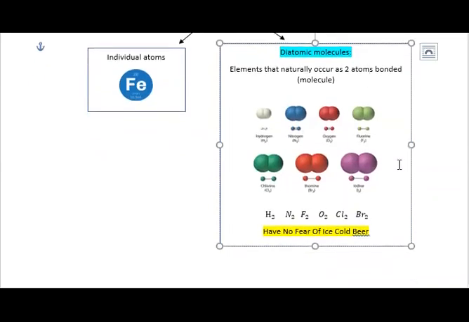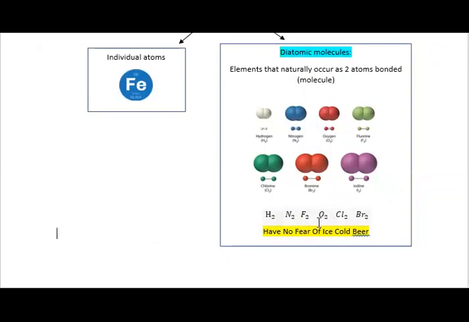So if we look here, and this is just a revision of what we spoke about before. How to memorize the diatomic molecules is with the sentence, have no fear of ice cold beer. And can you see how I've written each of these elements here? I've written hydrogen as H, right? And at the bottom I've put a 2 to show me that there are 2 atoms of hydrogen in that molecule.